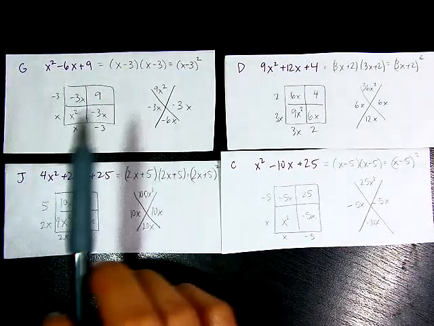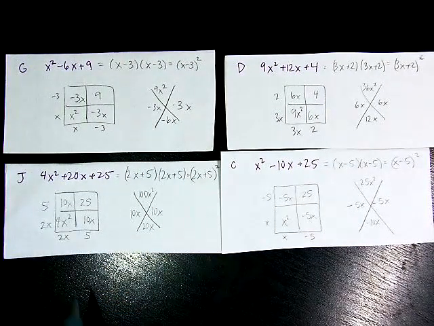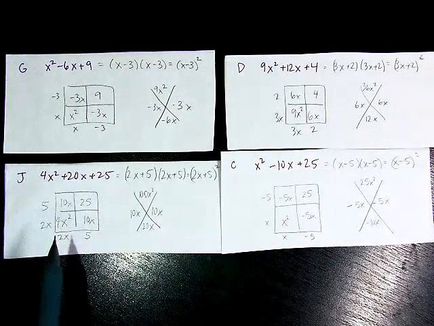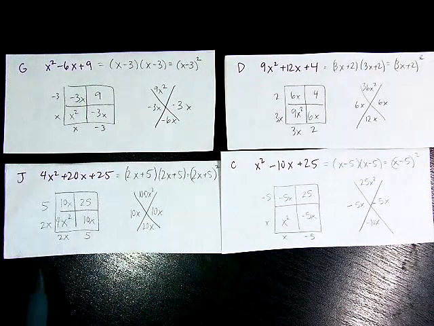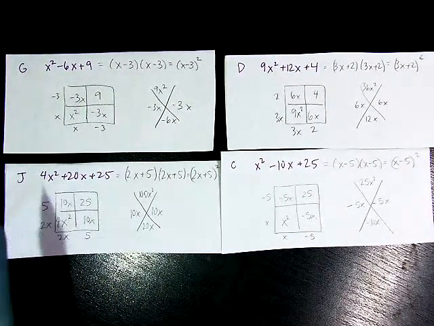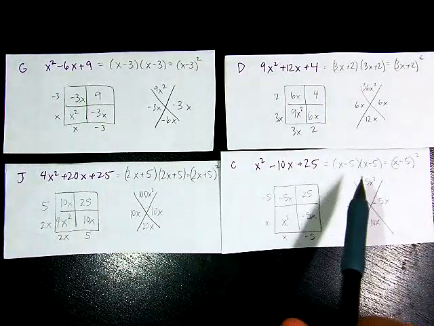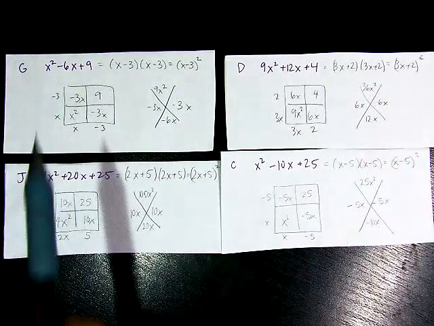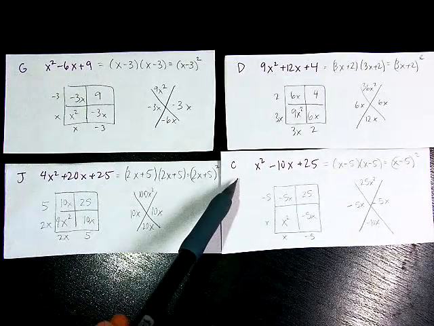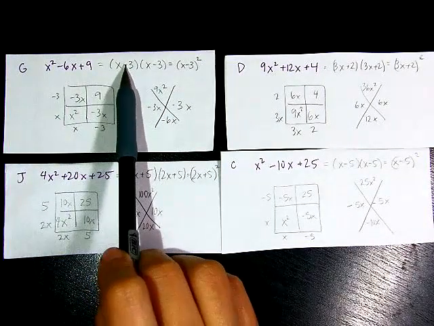Again, if you didn't recognize these shortcuts, that's totally fine. You can still do X-box. I did X-box for each of them to show that you will still end up with the same answers. But if you're starting to recognize when these are perfect square trinomials, you can save a little bit of time. I do want to point out that G and C both have negatives.